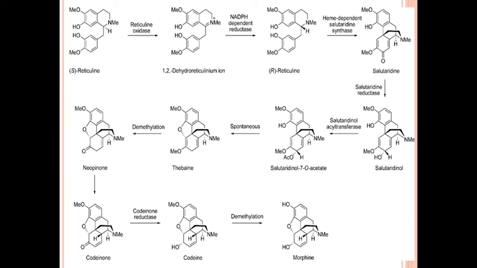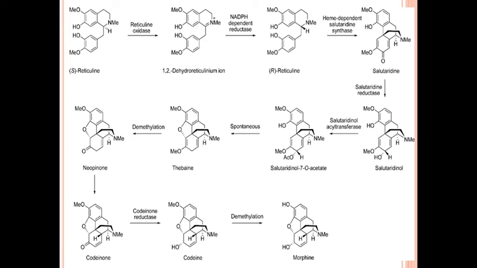Now R reticulin will be converted to salutaridine by using the enzyme heme dependent salutaridine synthase. Heme dependent salutaridine synthase is the enzyme which catalyzes the formation of the morphinan alkaloid salutaridine by intermolecular phenol oxidation.